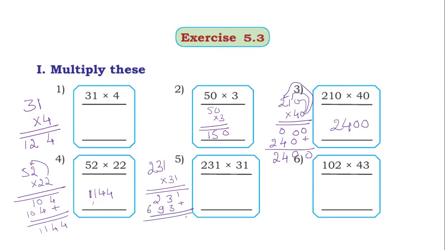Add all these. 1, 3 plus 3 is 6, 2 plus 9 is 11. Put 1 in the hundreds place and carry 1. 6 plus 1 is 7. This is 7,161.